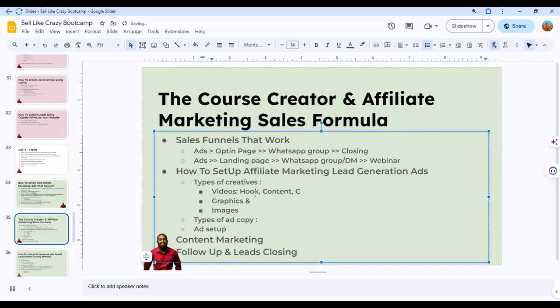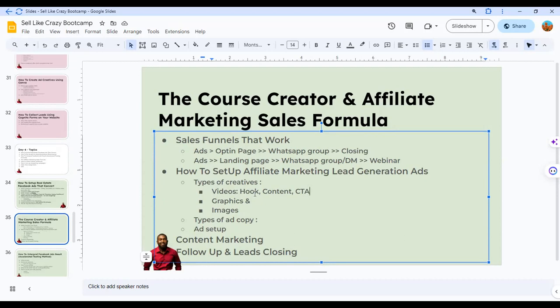We call it the HCC formula. So basically, you create a hook. A hook is something that gets people to stay tuned to whatever it is you want to say. So your hook could be like, here are 3 ways I've made 100,000 naira in the last 1 week.